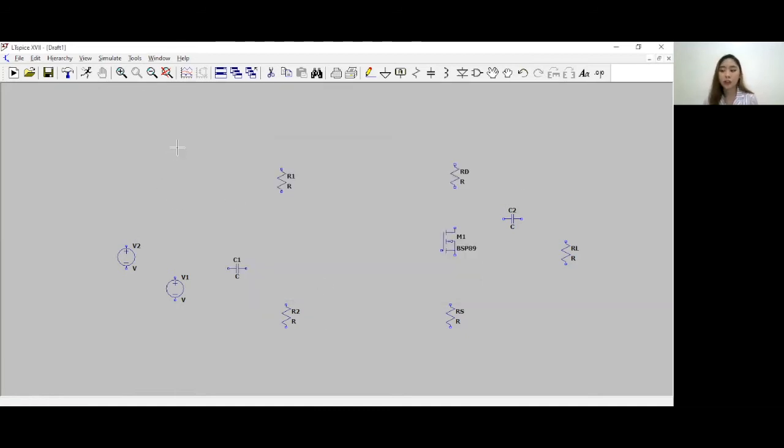Now we are going to add the wires. So first we connect the voltage to the capacitor and then the resistor 2. Next, we are going to move the resistor 1 for us to connect it to the resistor 2. Now we will add the wire.